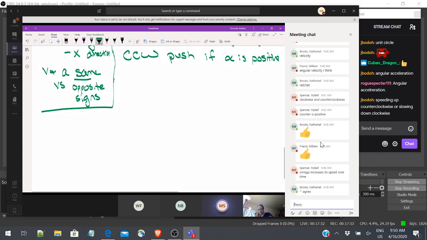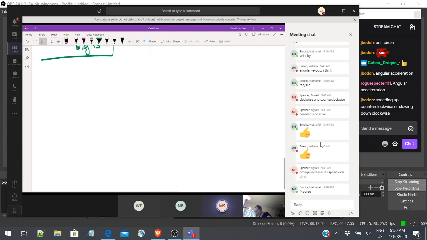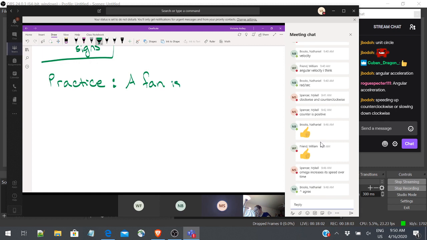So a little bit of practice here. A fan is rotating clockwise and slowing down.